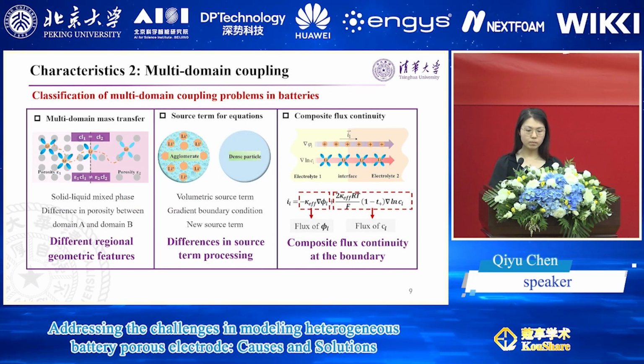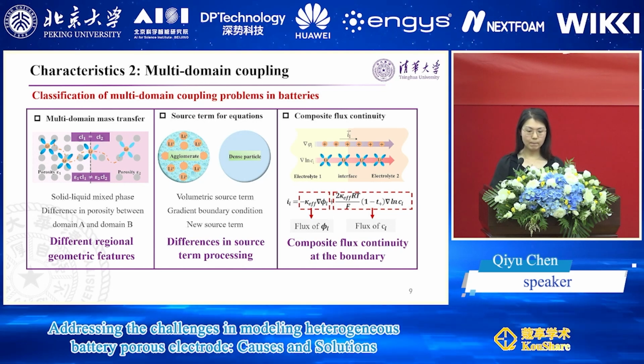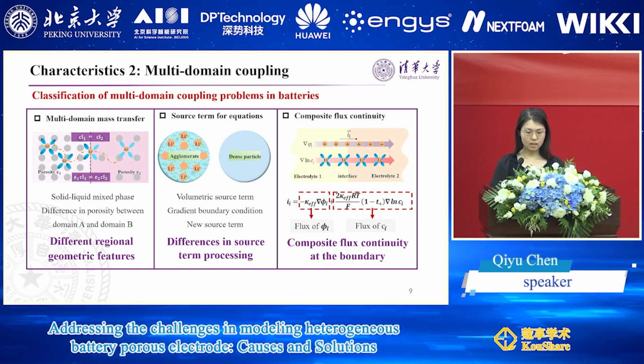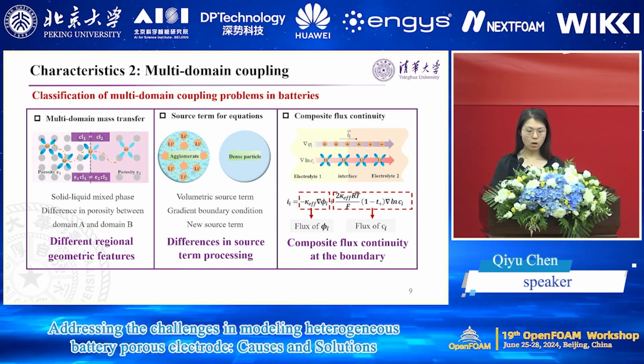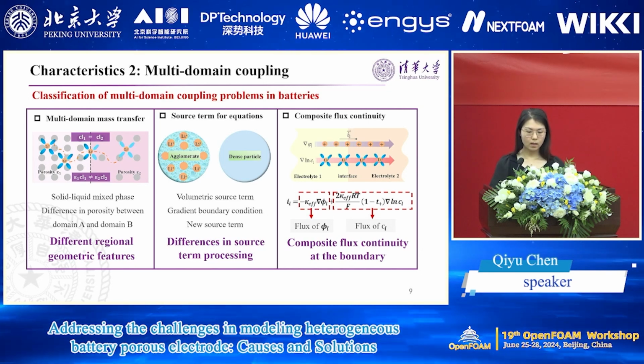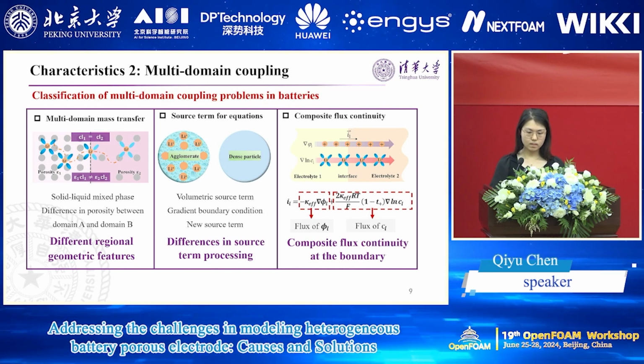Multi-domain coupling problems within the batteries can be broadly classified as the following. First, multi-domain mass transfer. For agglomerated structures, the concept of porosity is introduced.